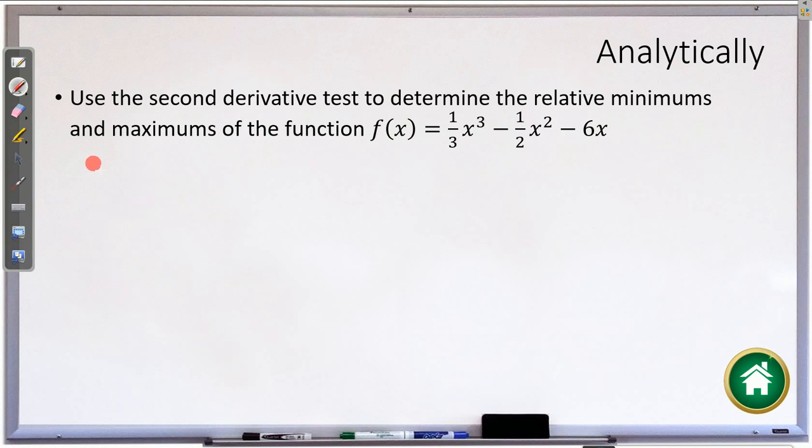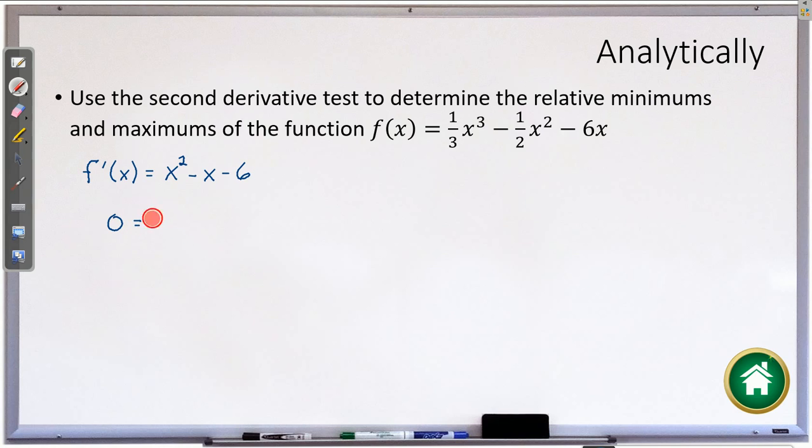But you start out doing the same thing. You start out by taking the first derivative. So that will give us x squared minus x minus 6. And you still have to find the critical points by setting this derivative equal to 0.